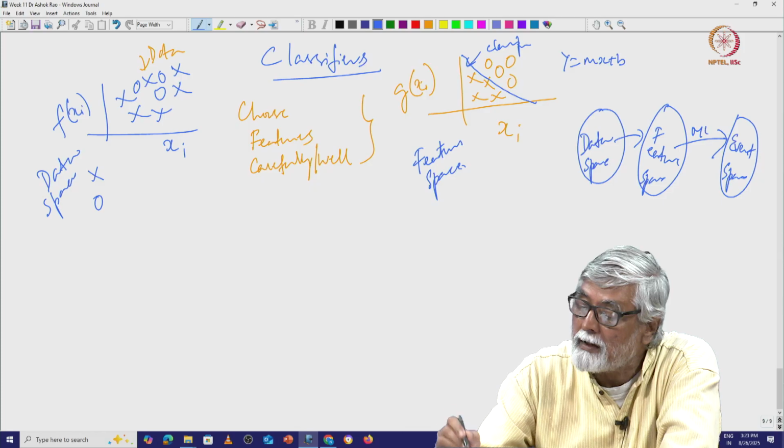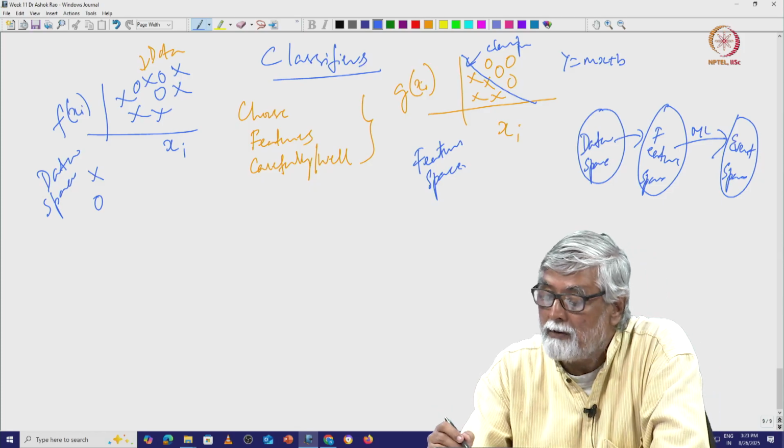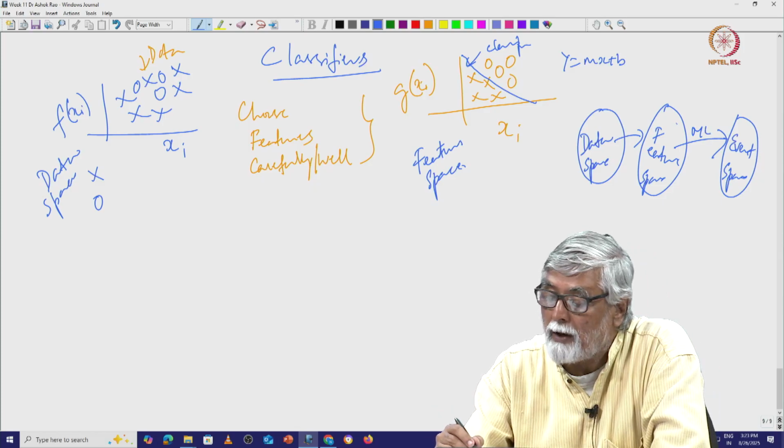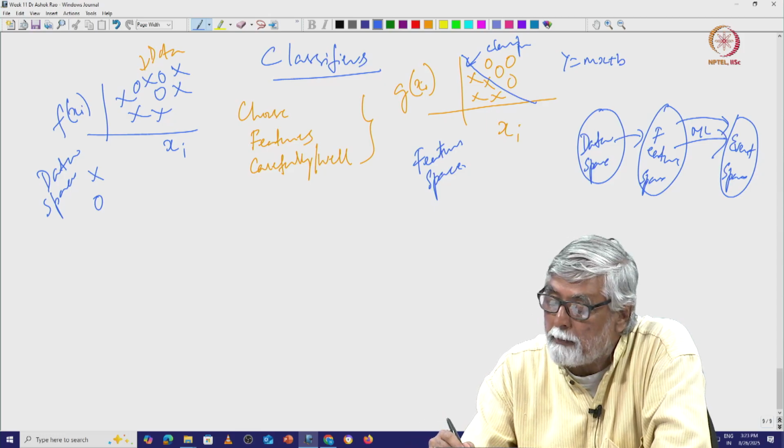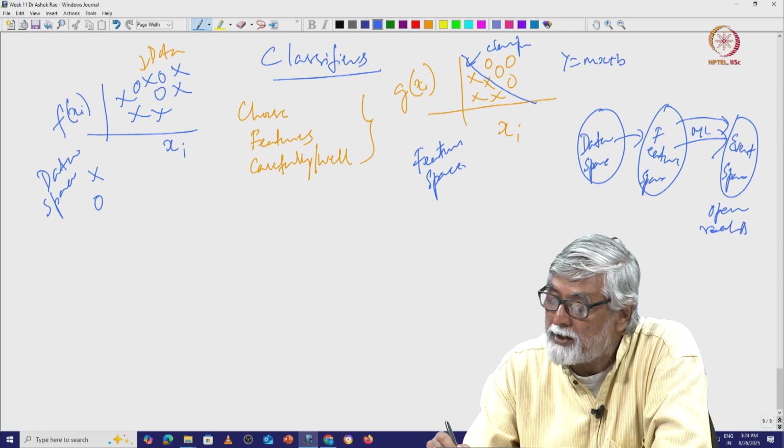This is machine learning, transforming the problem from feature space to event space. Event space could be simple like open the door or release the money in your ATM machine that you do.